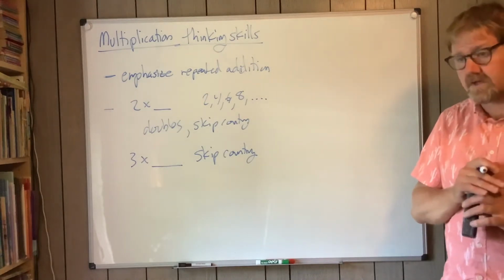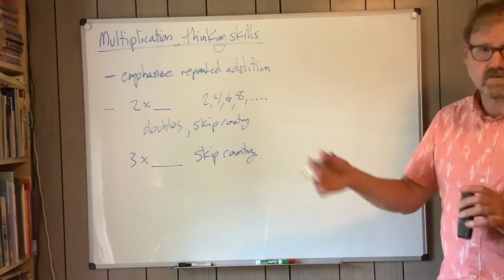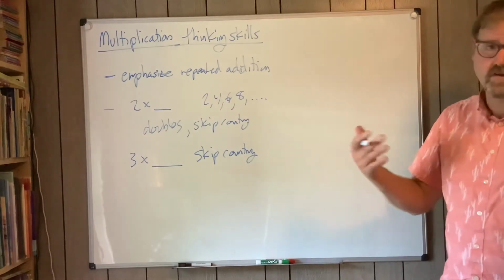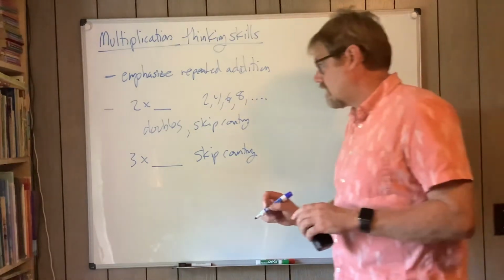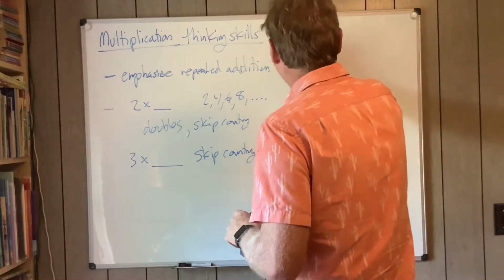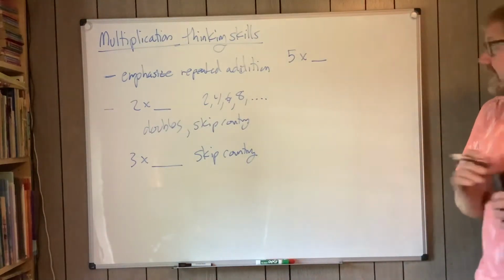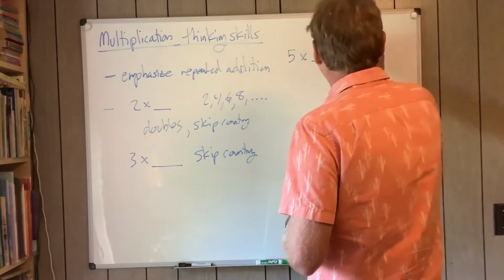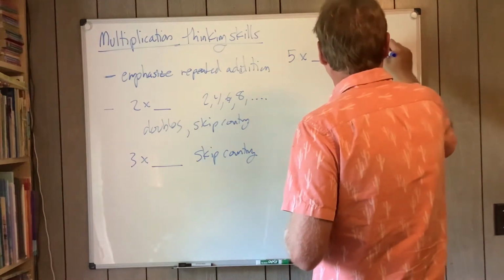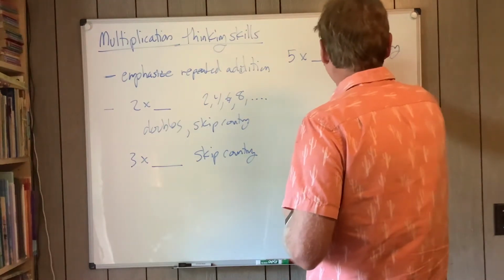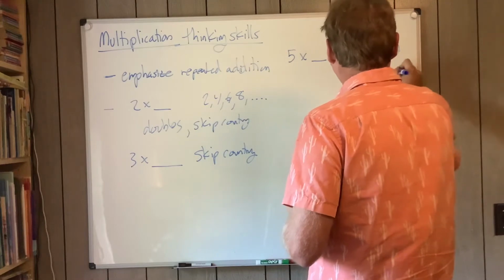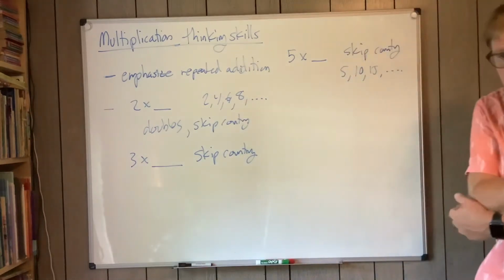You would think that some of the other stuff you would do naturally goes to 4, 5, 6. 5s are actually pretty straightforward, and again, skip counting is the way to go with this. So 5, 10, 15, etc.